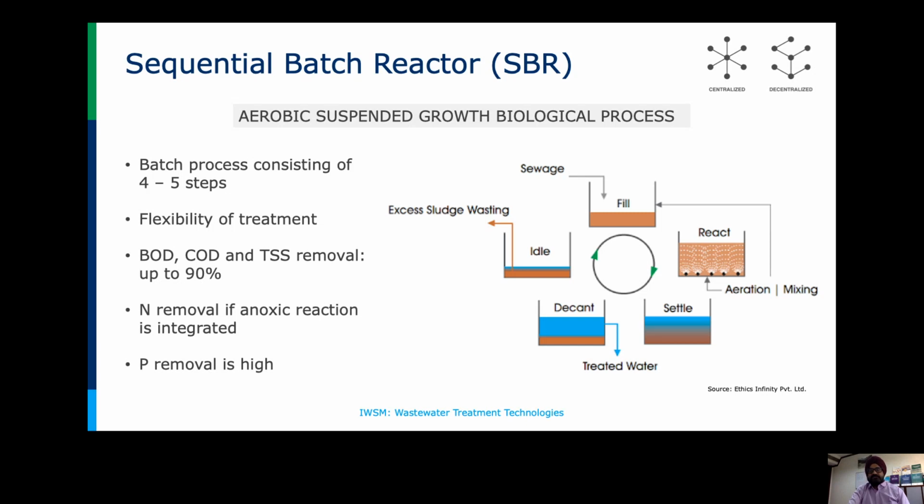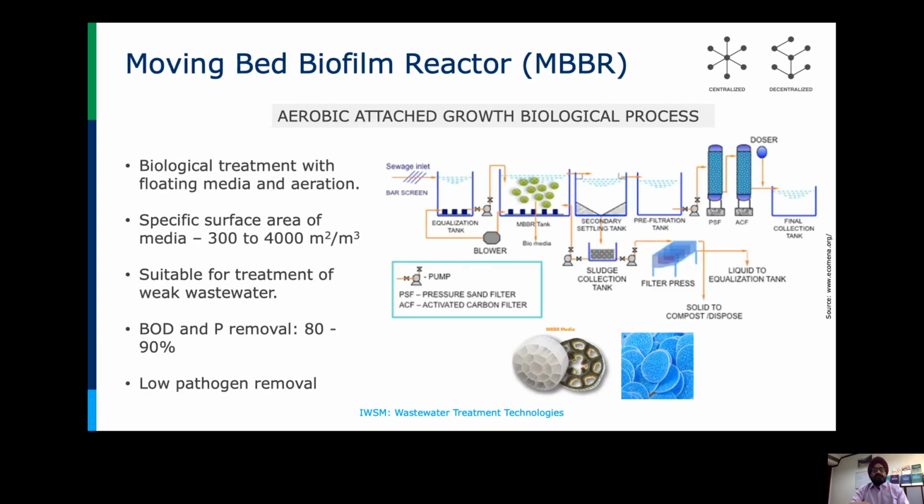So the process is the same. You do aeration first, then you do settlement, and then decant the treated water and excess sludge. But you do it in sequence in different batches, and in this way you are able to do a high volume of treatment.